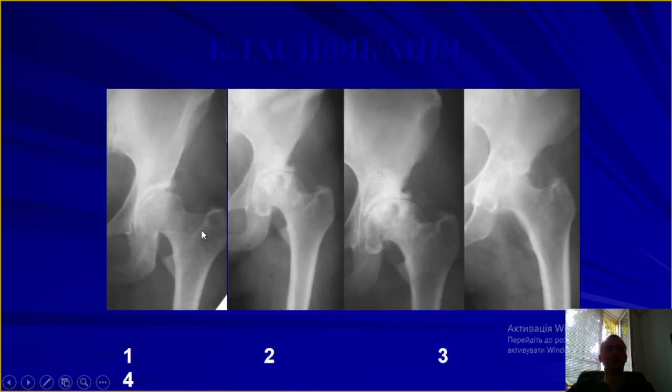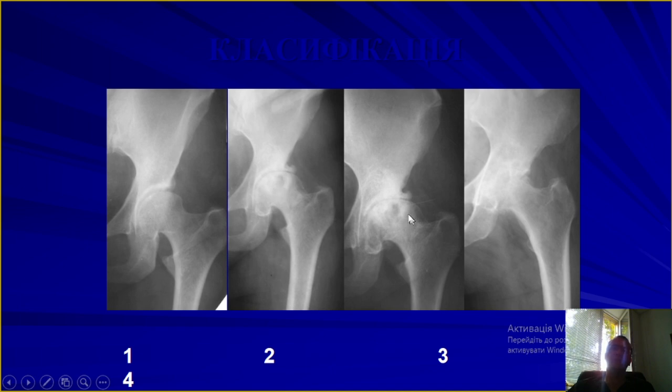The same situation is with the hip joint as well. The first stage is looking like new, but still it is not as beautiful as a healthy one. And on the fourth stage you see the complete loss of the femoral joint space. And pay attention, for example, to this second and third pictures.